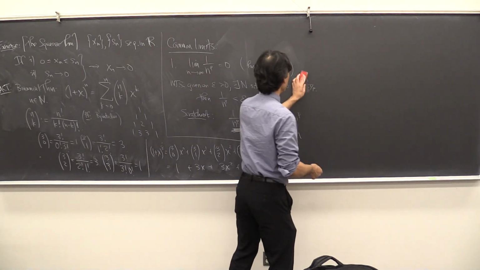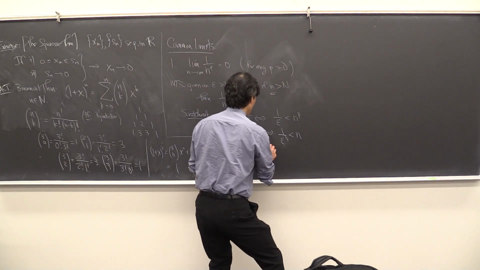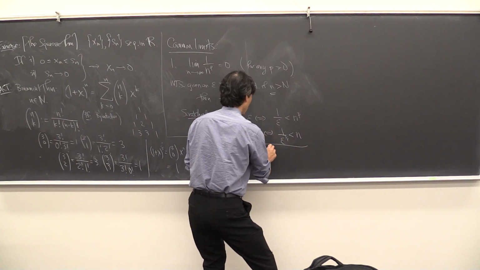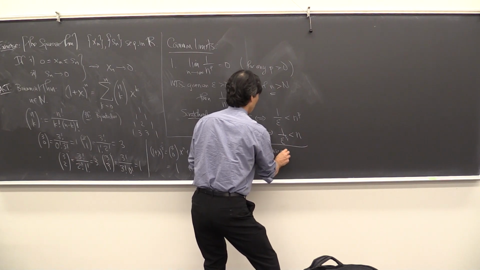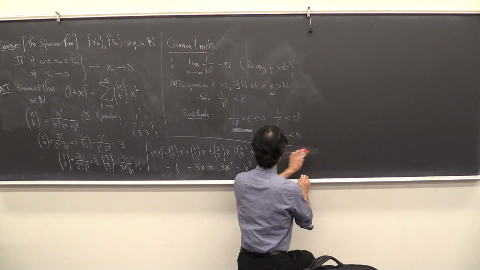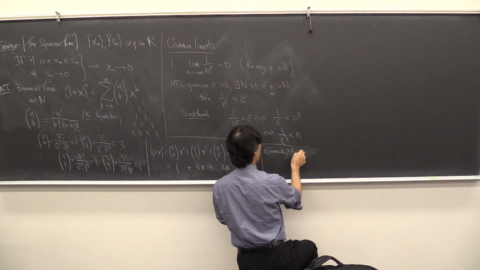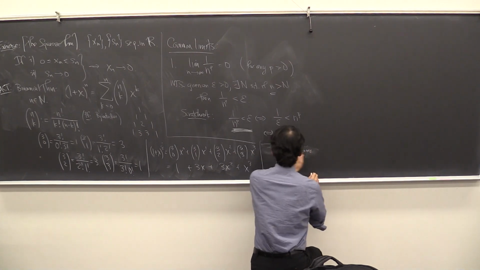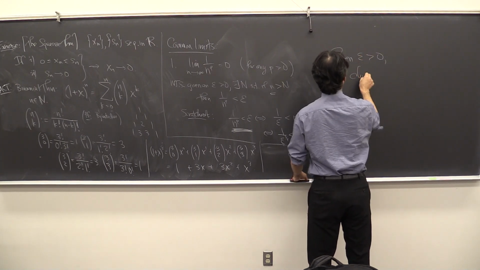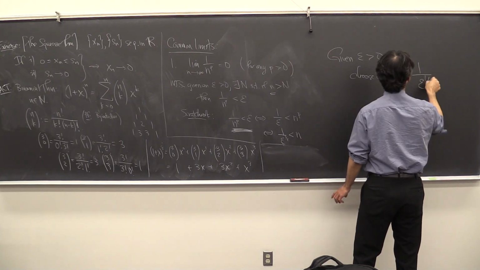So your scratch work is over. You say, given epsilon, choose any capital N that's bigger than 1 over epsilon to the 1 over p.